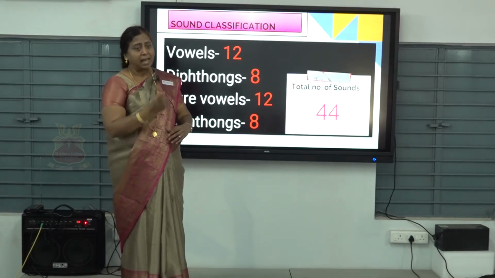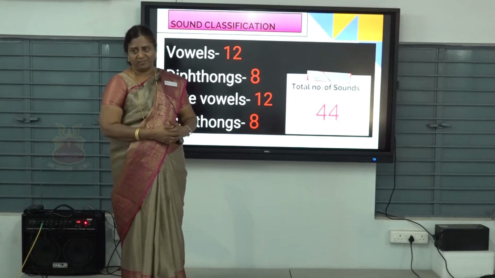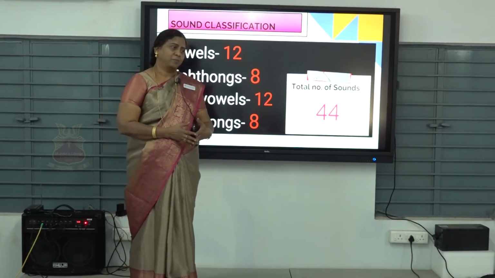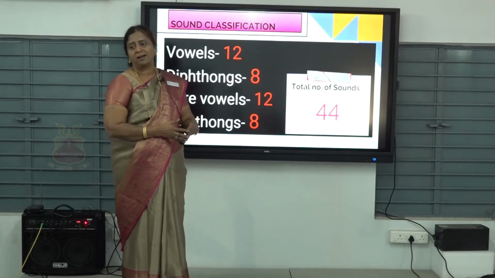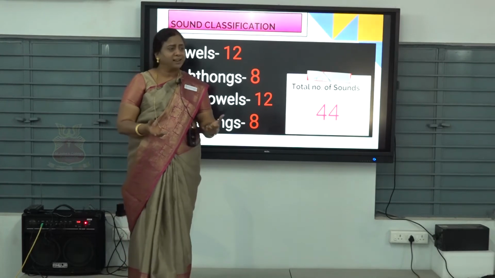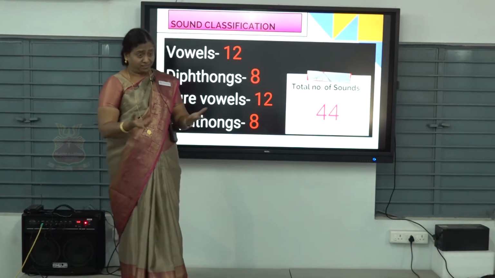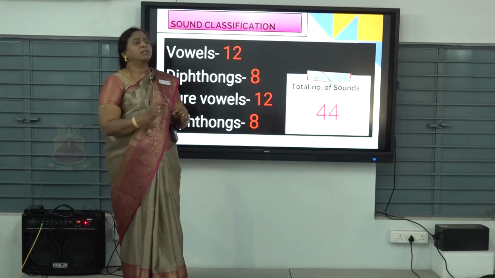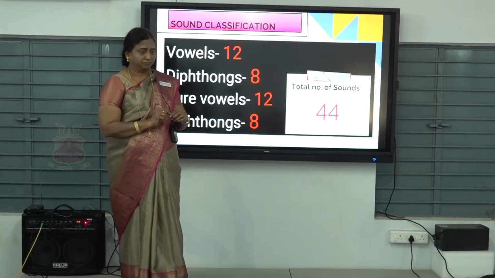So the air passage is free flowing. Whereas try some consonants. Pa, ba, ma, ka, ga, and so on in Tamil. For all that, you have your tongue or some part coming in contact with each other.